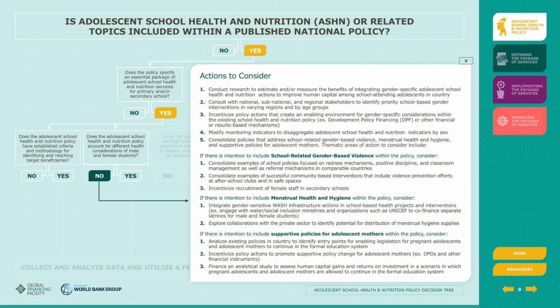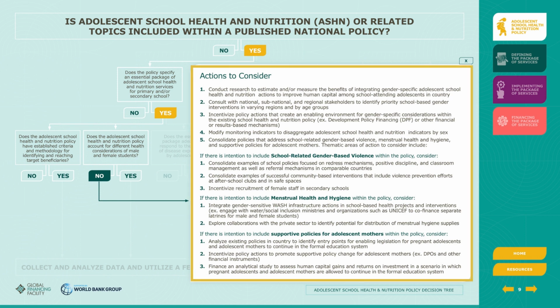By using the decision tree as a guide, you were easily able to identify several starting points for both a desk review and conversations with country counterparts around possible entry points to strengthen the gender lens within the existing policy and program.